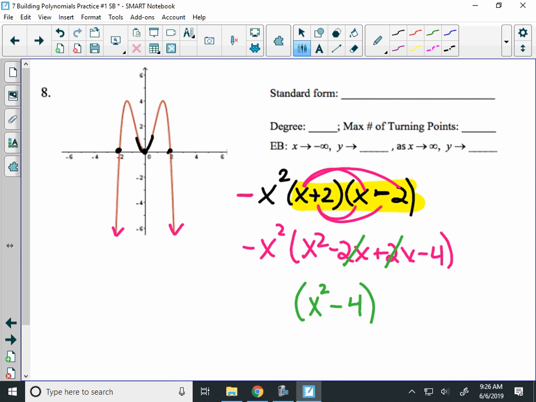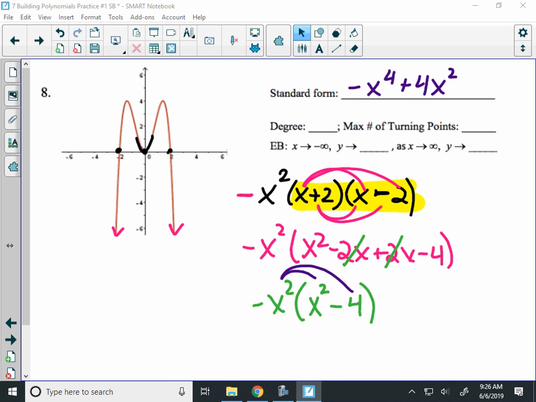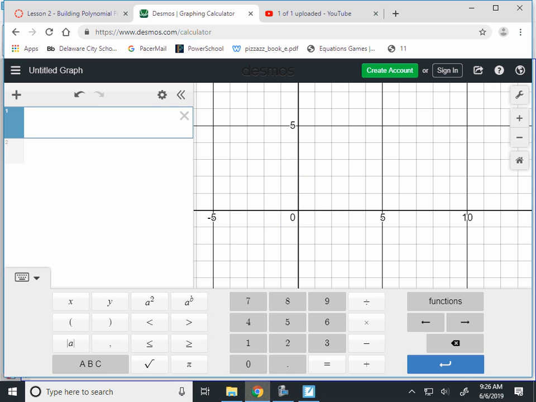X squared minus 4 is what I get on the left, and negative x squared. So all I have to do is distribute that now. I'll get negative x squared times x squared is negative x to the 4th, and negative times a negative is plus 4x squared. If you want, you can check on Desmos that the picture looks the same.